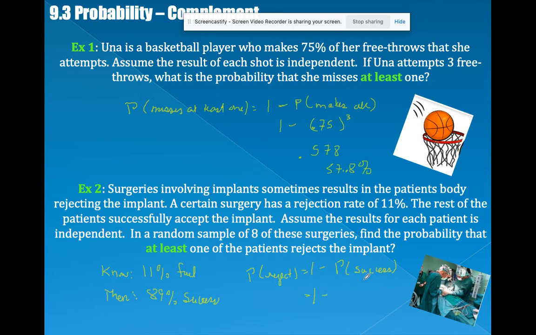So what are the probabilities of these 8 that I pull a successful? I know the probability to make them all, but what about the 3 shots that she takes? So this would be equal to 1 minus, the success is 0.89, how many times? 8 of them. Oh, I'm sorry, I copied down the wrong one. This is 0.606. This one is 0.578.